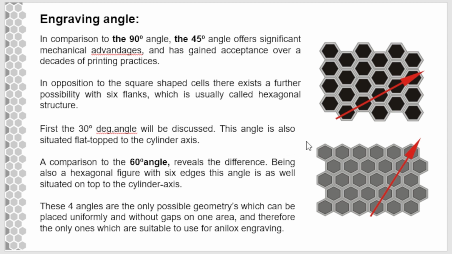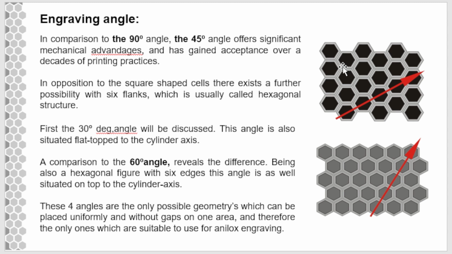In comparison to the 90-degree angle, the 45-degree angle offers significant mechanical advantages and has gained acceptance over decades of printing practice. In addition to the square-shaped cells, there exists a further possibility with 6 flanks, which is usually called hexagonal structure.